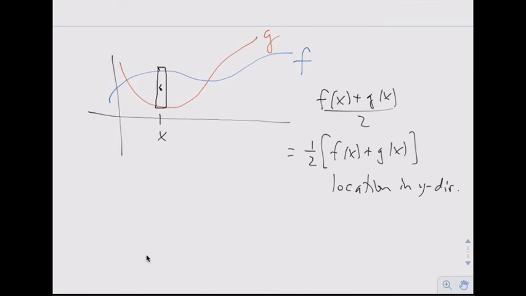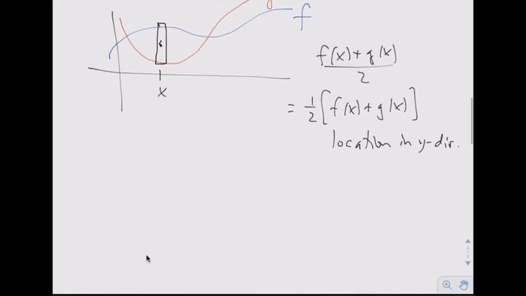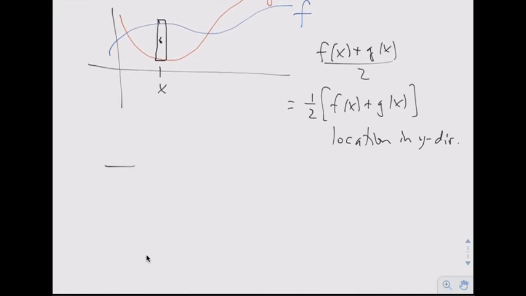Now, just like we did before, we're going to take the location times the area of it, because the area represents the weight or the mass of the region. And so I'm going to sum these up for a given little x sub i. I'm going to have 1/2 f of x sub i plus g of x sub i. That's the location.